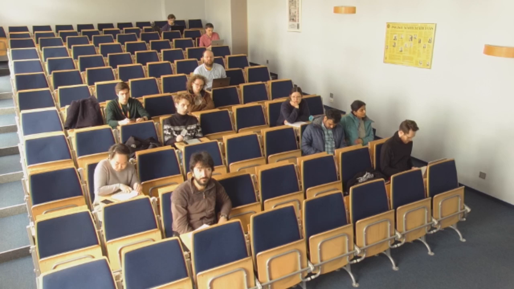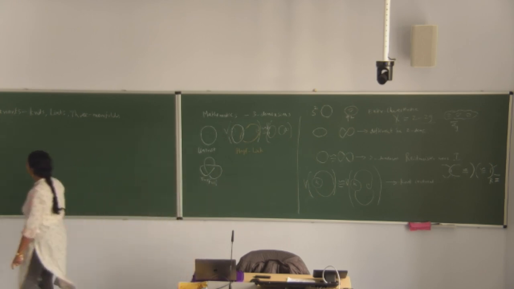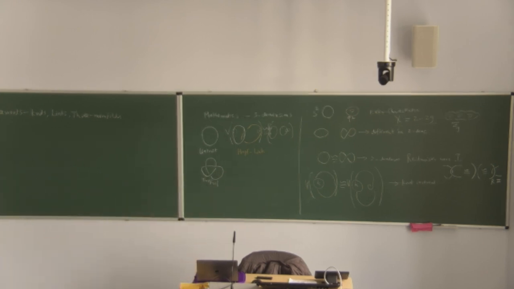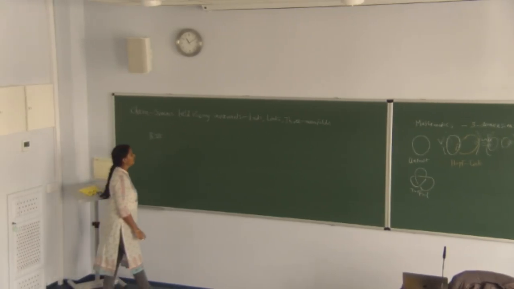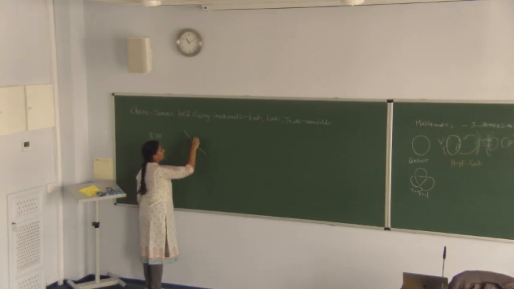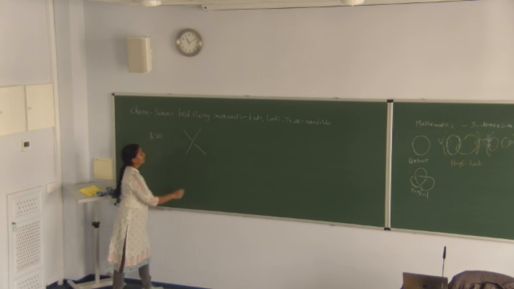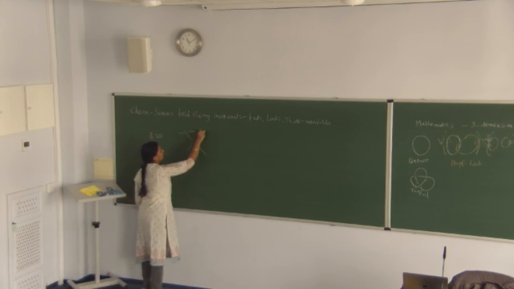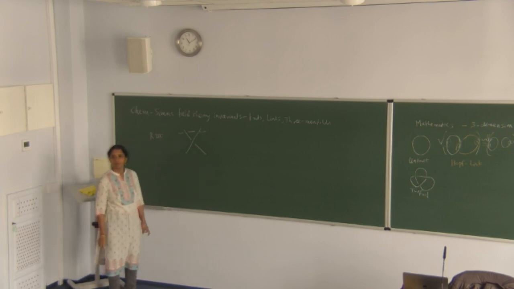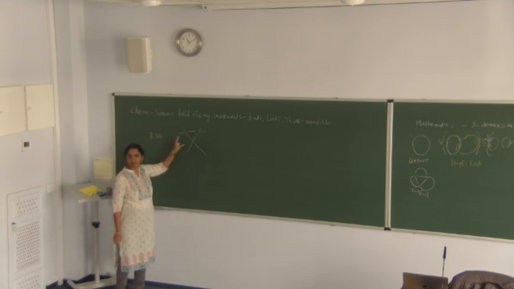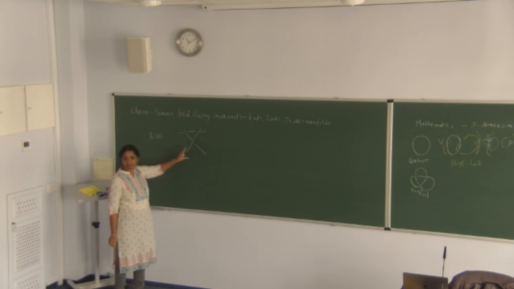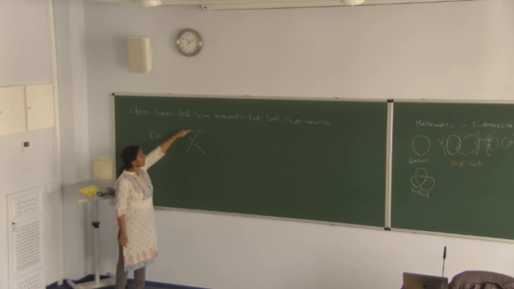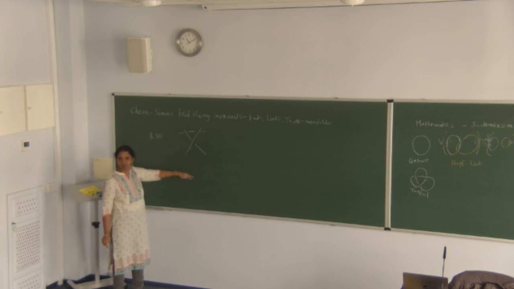And the last one, the last move, which is called the Reidemeister move 3, you can have a so if suppose in some region of your knot we focus on this, you can slide this below.